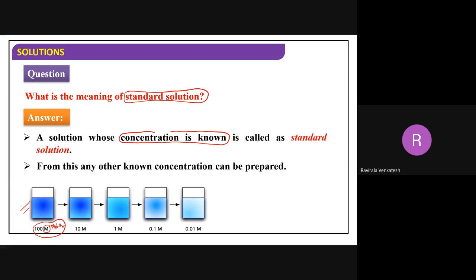The concentration of the solution is 100 molarity. Now this I am calling a standard solution. Why are you calling this one a standard solution? What is the reason? Sir, its concentration is known. If I ask you what is the concentration of this solution, you can easily say it is 100 molar.